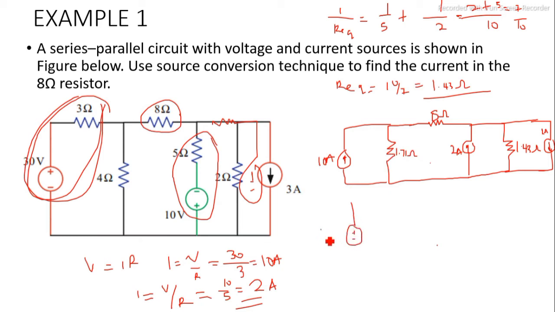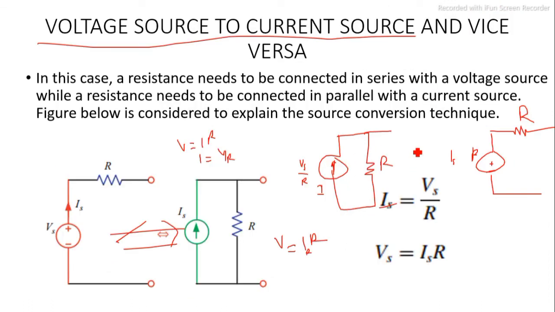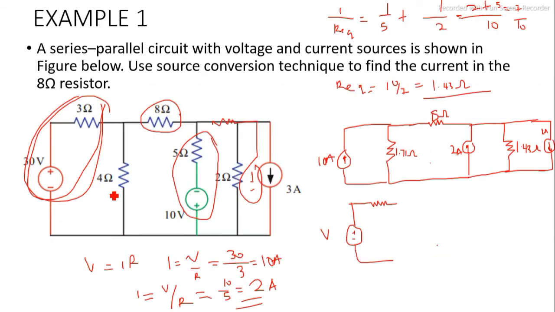So this will be your V in series with this. That's the conversion of this back to a voltage source, as we said here. We want to convert from this to Vs in series with that. So that's how we have this. And what's your V? The current times the resistance.